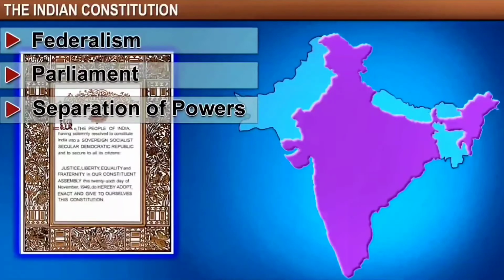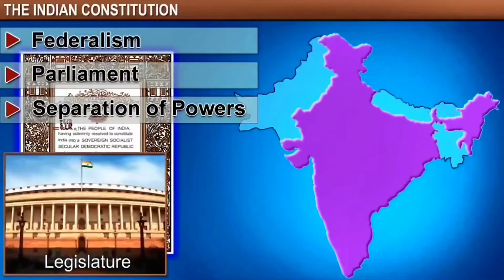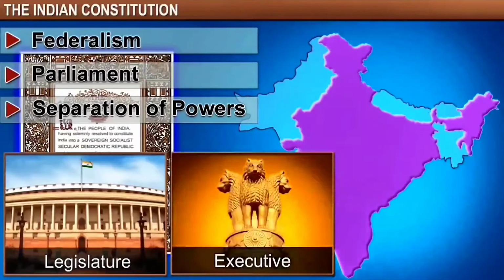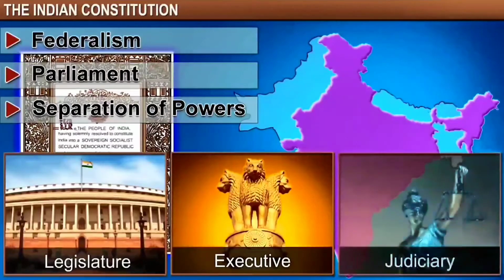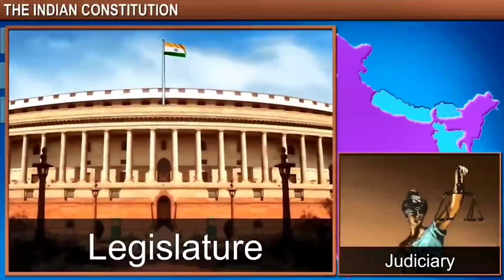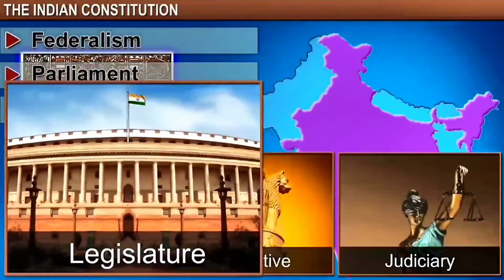As per the constitution, there are three state organs. These are the legislature, the executive, and the judiciary. The legislature refers to the Indian Parliament, which consists of the elected representative. It means political leaders.